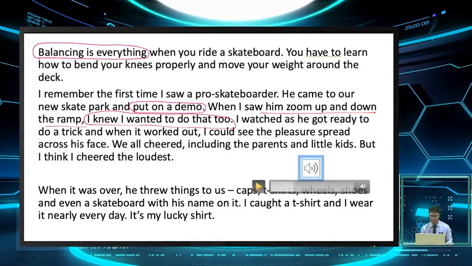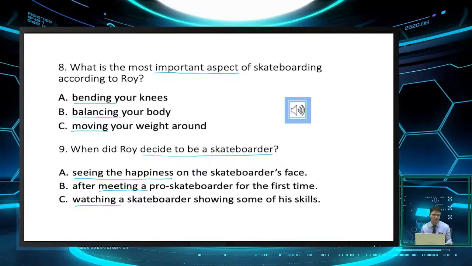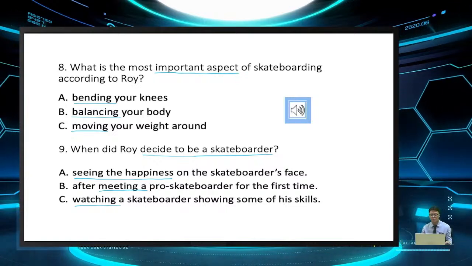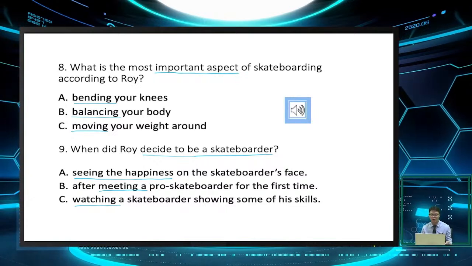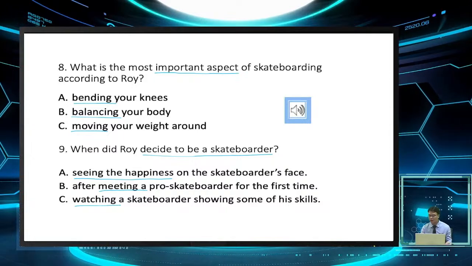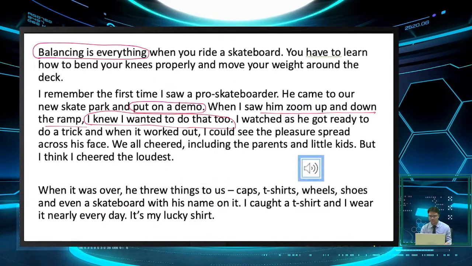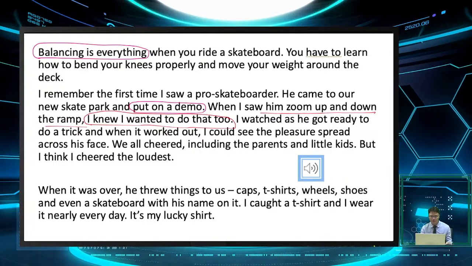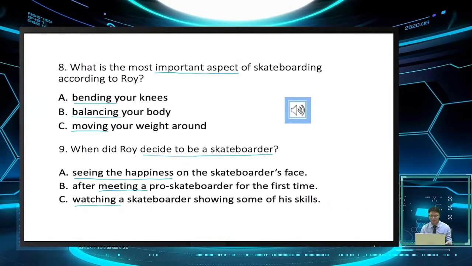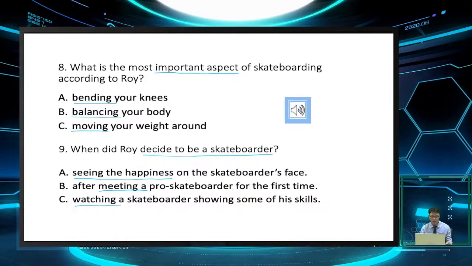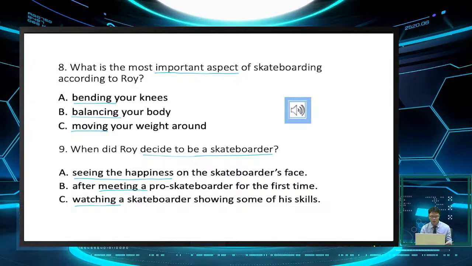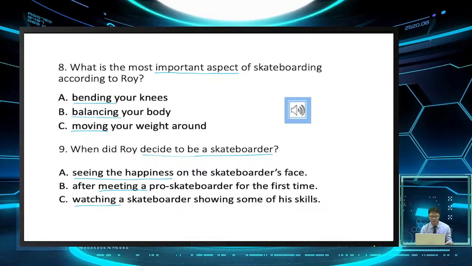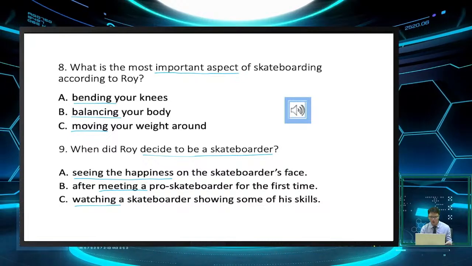All right, so based on this question, what is the most important aspect of skateboarding according to Roy? If you look at the transcript, balancing is everything. Everything means it is the most important. So balancing your body, B, is the correct answer. Now look at A, bending your knees.